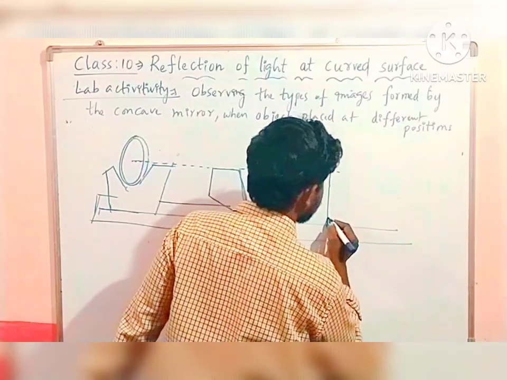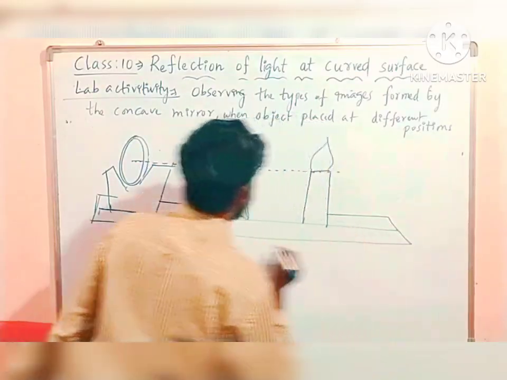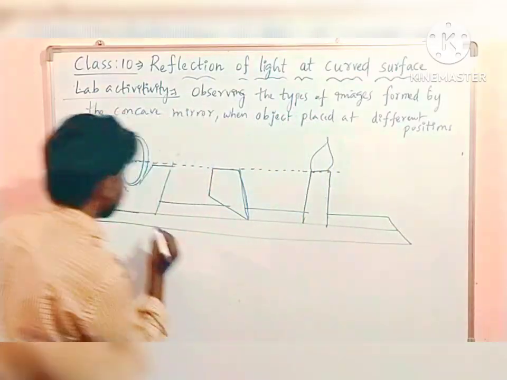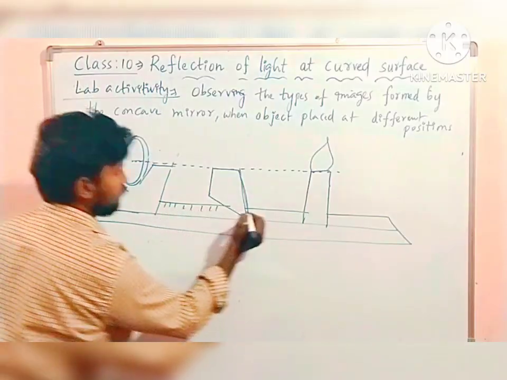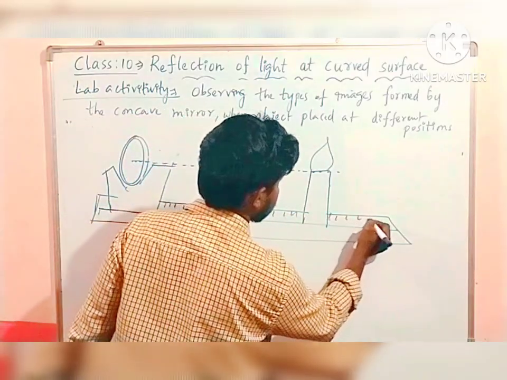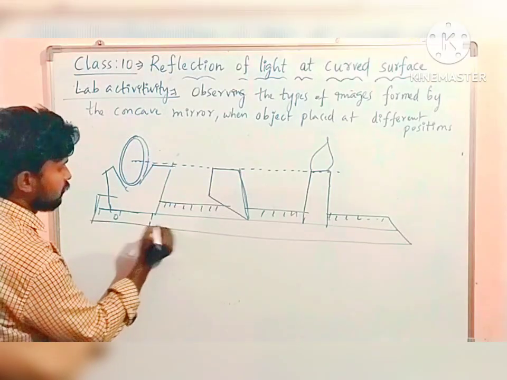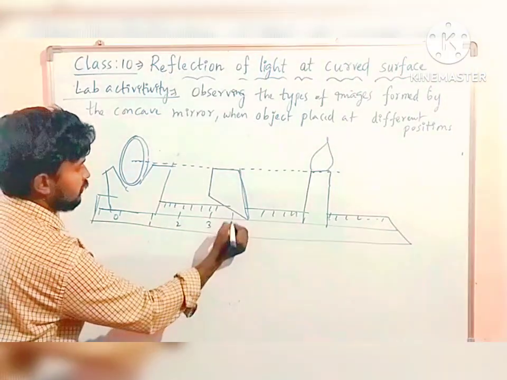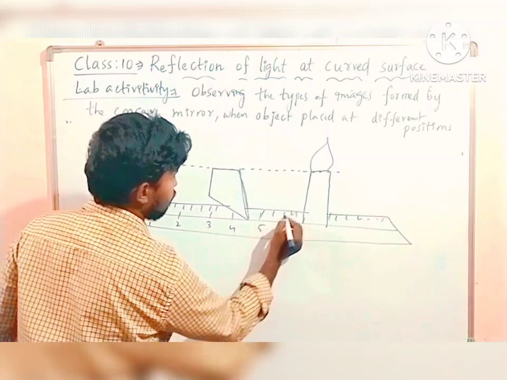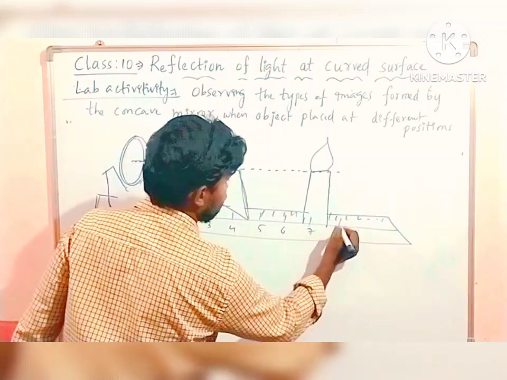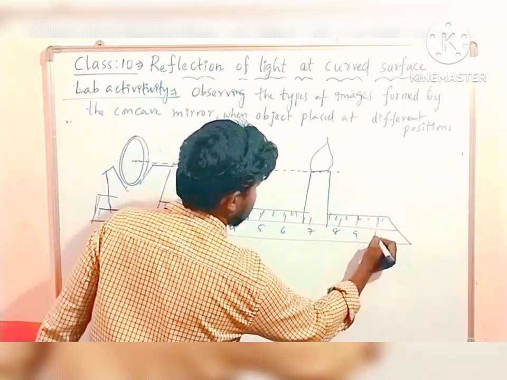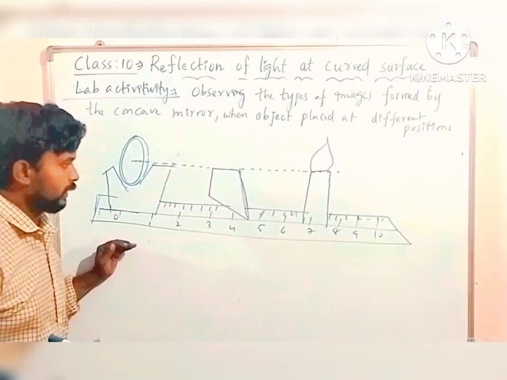Here is a meter scale. On the meter scale, we have to take 0, 1, 2, 3, 4, 5, 6, 7, 8, 9, 10. It is a centimeter scale.